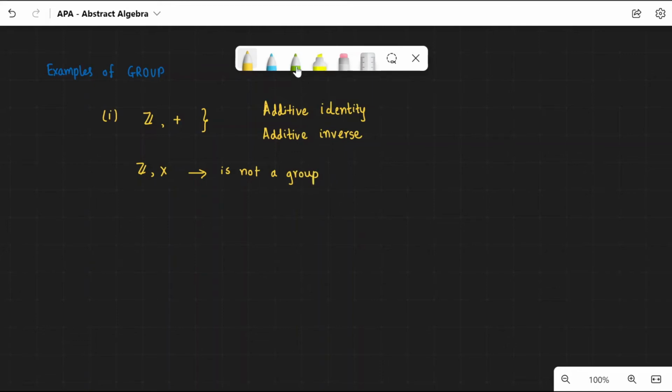If we check conditions one by one, so closure, if we multiply any two integers like this, then of course we get back an integer. So closure is satisfied. Then you can check associativity.